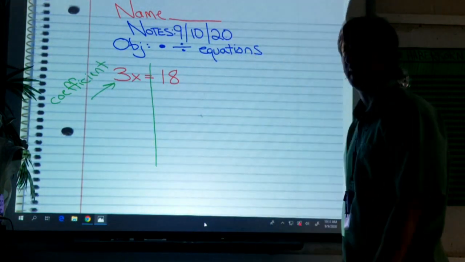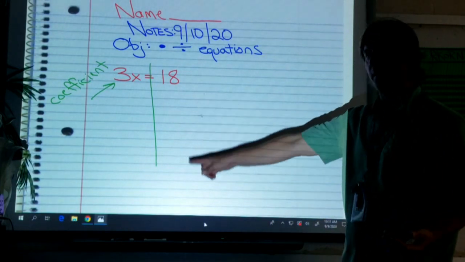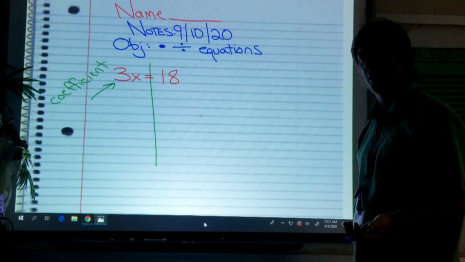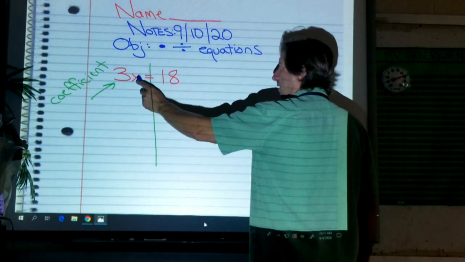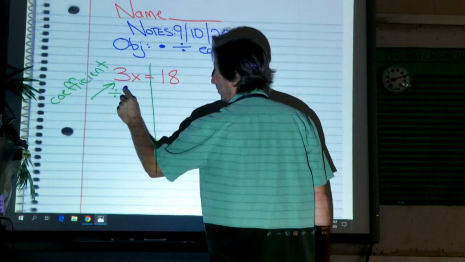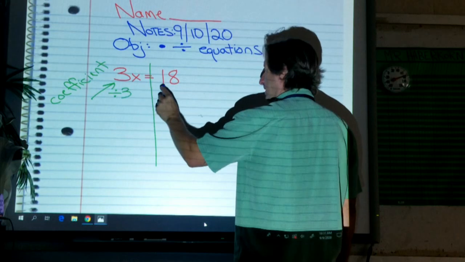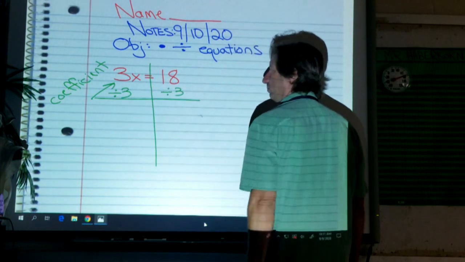3 times x. So, we drew our line, we have to do the opposite. What's the opposite of multiply? Is divide. So we want to get rid of this 3 so the x is by itself. So I just do the opposite. Divide by 3. If we do it to one side, we do it to the other.